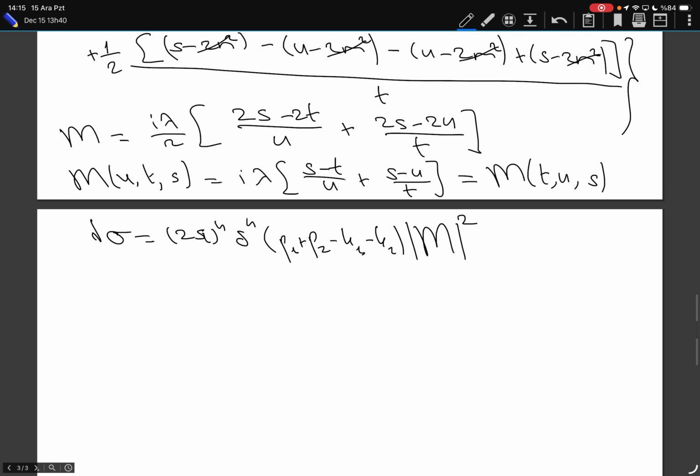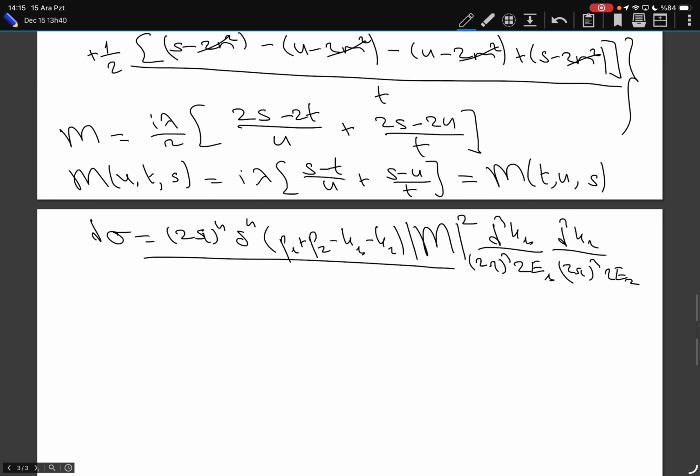My detector is not measuring a single value. It will be measuring some ranges. I have d cubed k1 divided by 2 pi cubed times twice e1, d cubed k2 divided by 2 pi cubed twice e2. And then I have to divide by the incoming flux, which was P1 P2 squared minus P1 squared P2 squared.